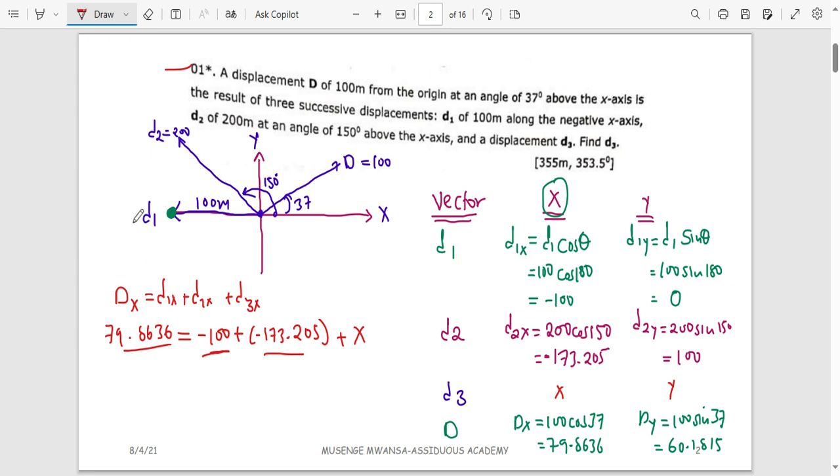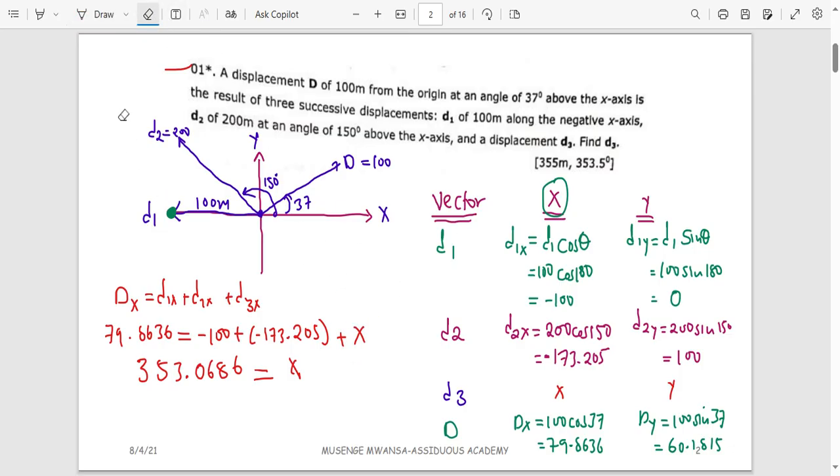So if I add those three numbers, what you are going to find is 353.0686. And this is going to be equal to what? X, because that's what is going to remain on this side. So that is the x component of D3.